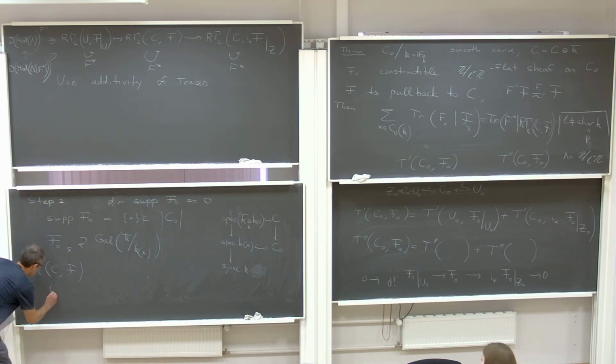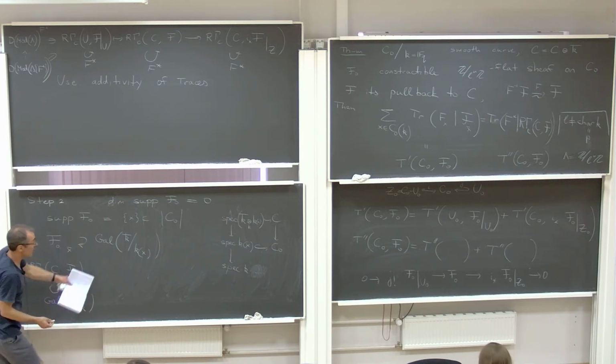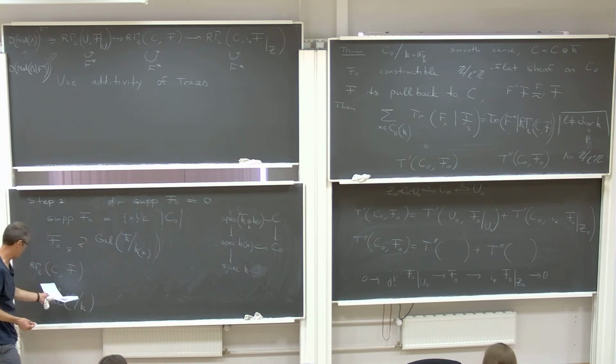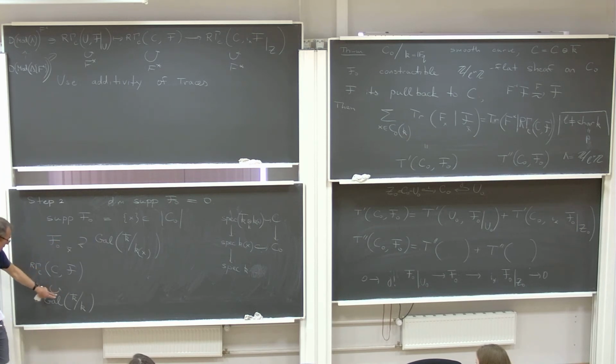So this guy has an action of the Frobenius. So it's actually a representation of the group K bar over K, right? Because everything is defined over K. So this must carry an action. So I start with a representation of this group, and the output should be a representation of this larger group. What is this?